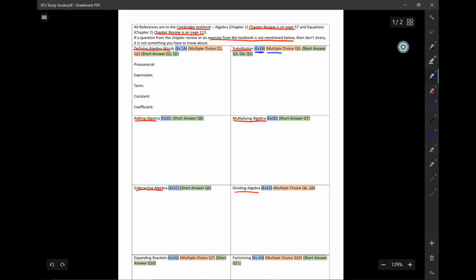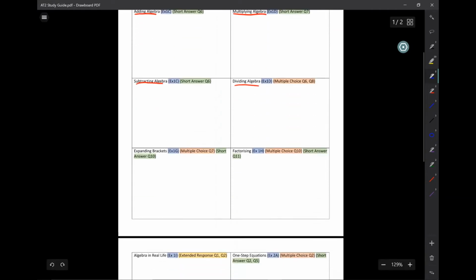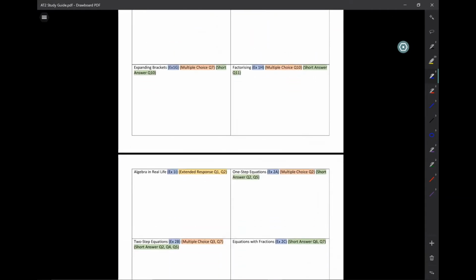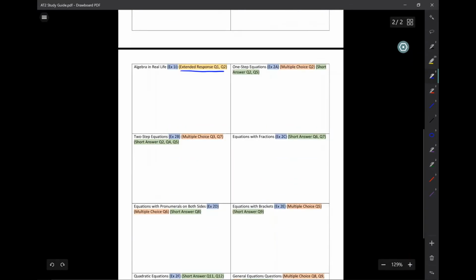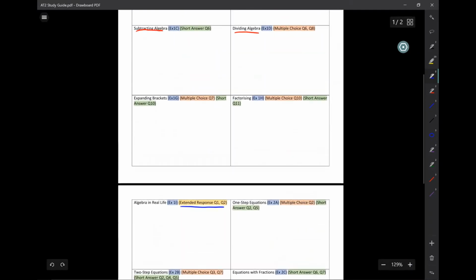You have highlighted here in orange the multiple choice questions from the chapter review. And then you have highlighted here in green the short answer questions from the chapter review. There's one box down here that also has a yellow highlight, and that is the extended response questions for the chapter review.